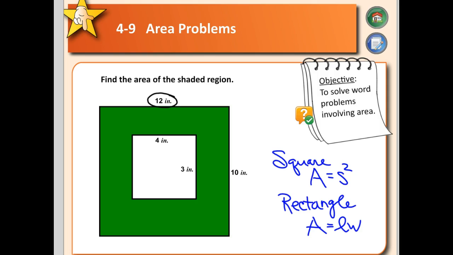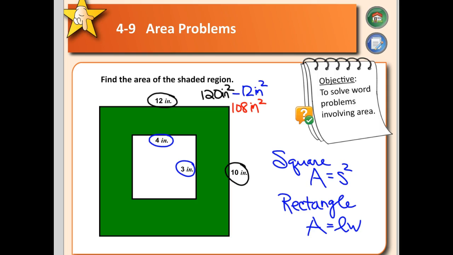We've got the length and the width, and so we would say 12 times 10 is 120, and inches times inches is inches squared. And then we can find the area of the smaller rectangle. We've got 4 and 3 as the length and width. 4 times 3 is 12, and we can subtract that. So minus 12 inches squared, and then 120 minus 12, our final answer would be 108 inches squared.